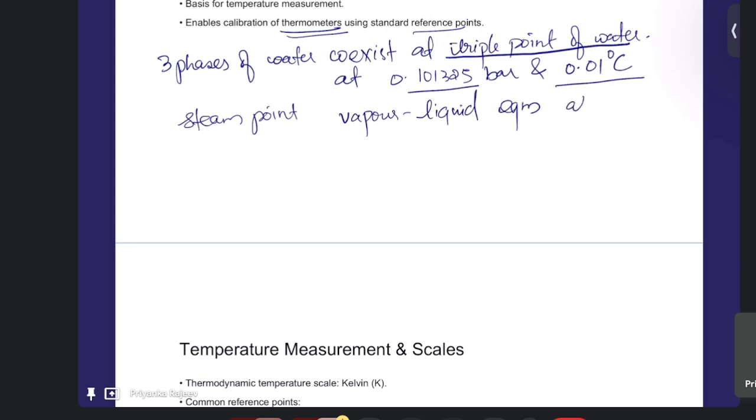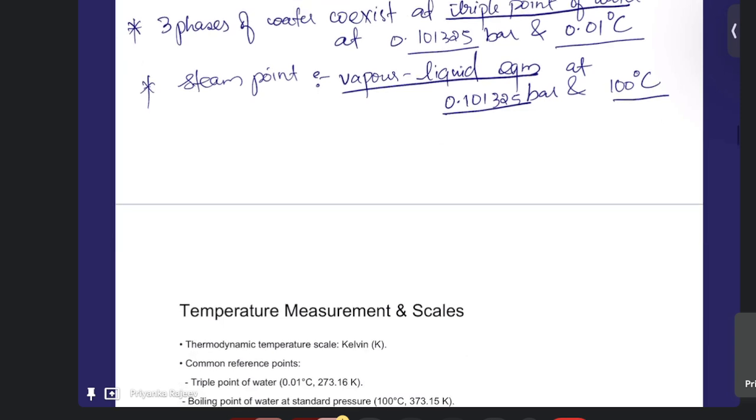This happens again at a pressure of 0.101325 bar and a temperature of 100 degrees centigrade. So this is the steam point. These are the two reference points for thermometer calibration.